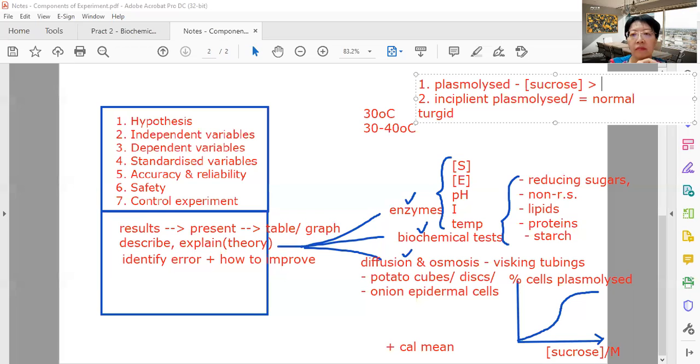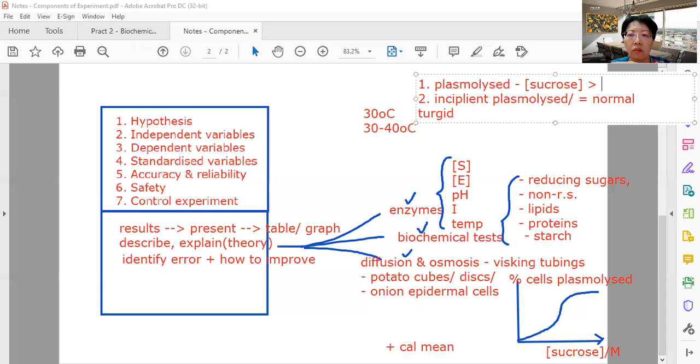When the water potential is low, like the concentration of sucrose is more. More. If you say you want to compare with something, you need to give the full statement. What are you comparing with? More than what? I mean, the sucrose concentration in the solution is higher than the sucrose concentration in the cell.